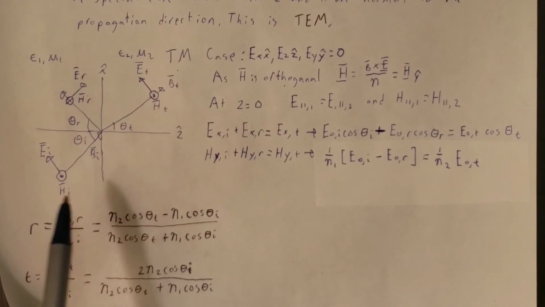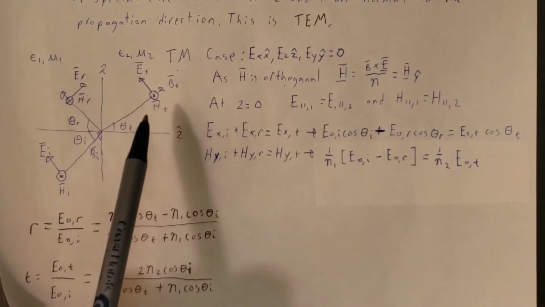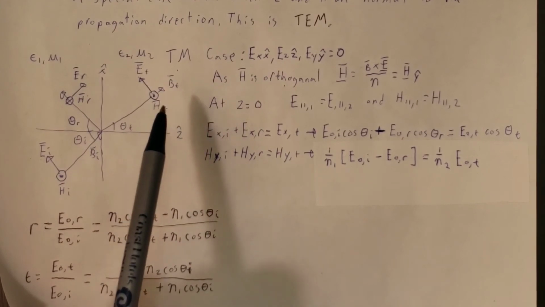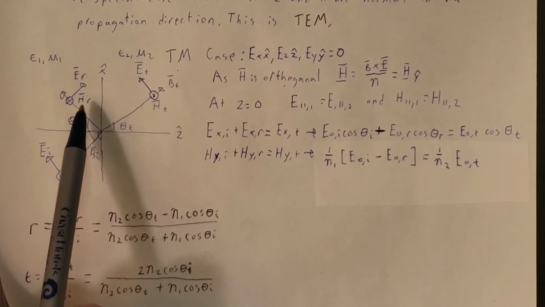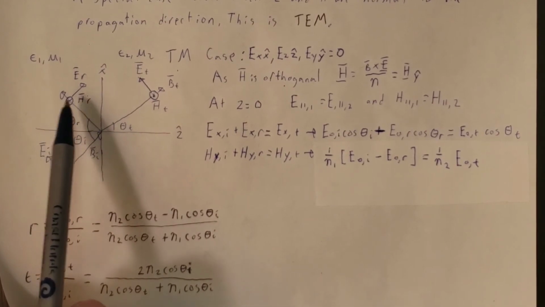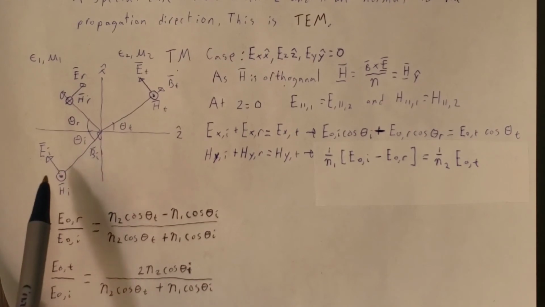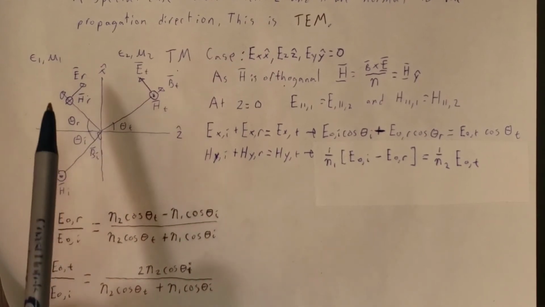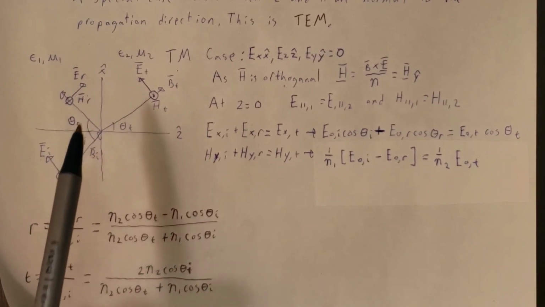And we can see this visually with HI and HT being in the y hat direction, and just like in the normal case, we have the reflected magnetic field being flipped. We also see that the electric field is going to maintain its shape, and it will always be orthogonal to the other two fields.